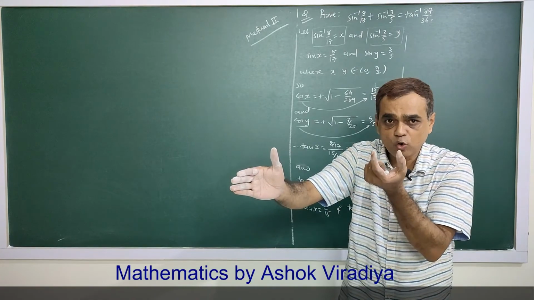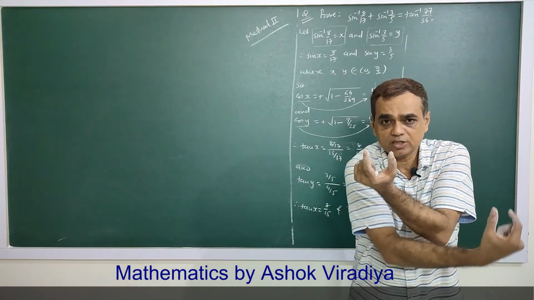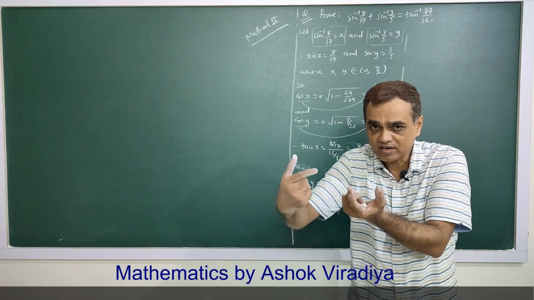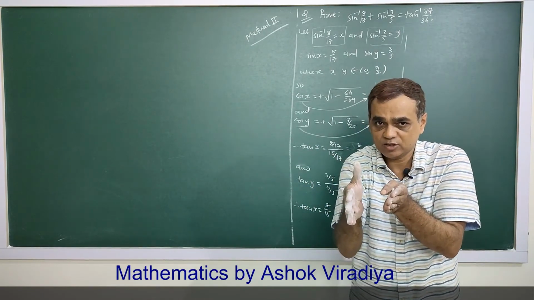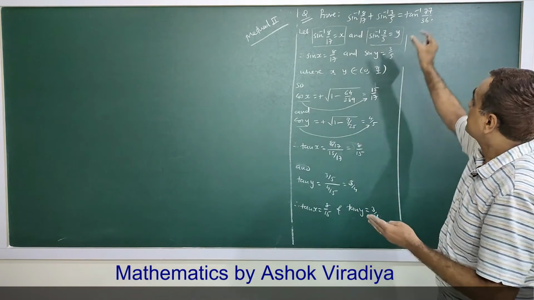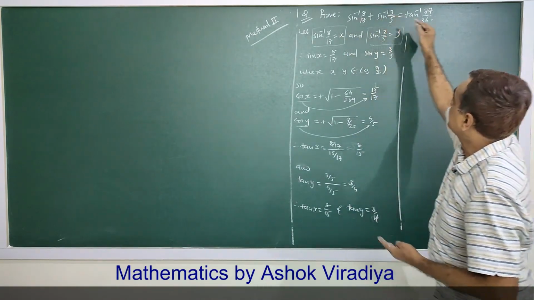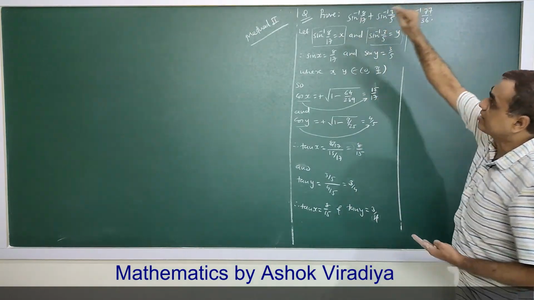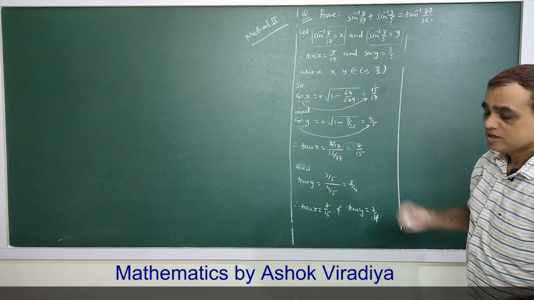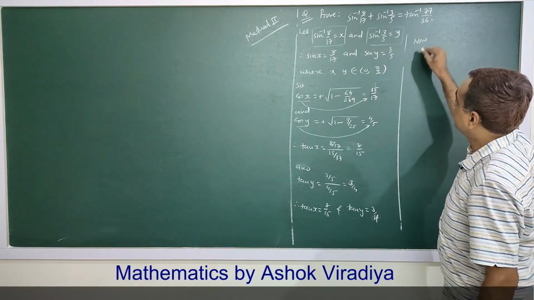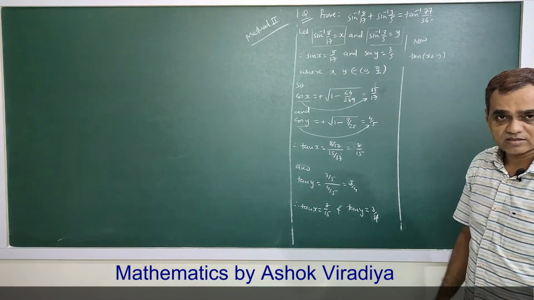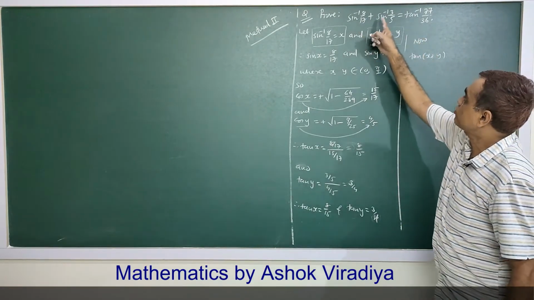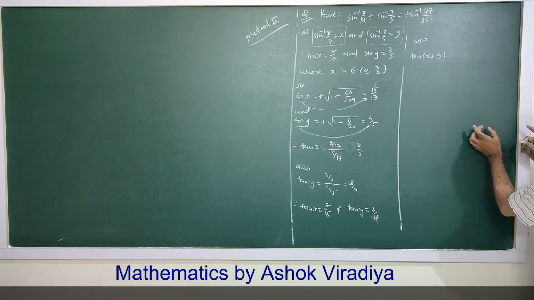So when over x plus y you take tan on this side, the term will be tan of x plus y. So we will show that tan of x plus y is 77 by 36.